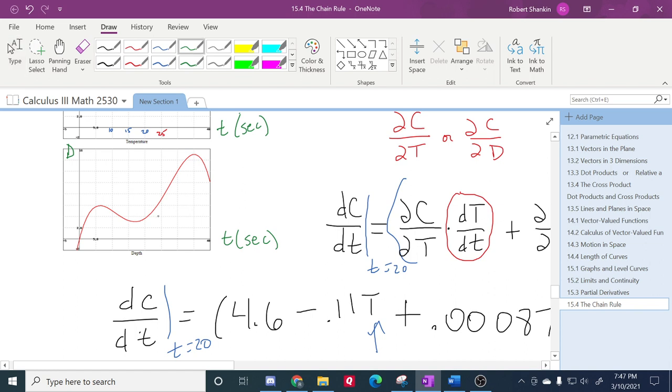All right, 5, 10, 15, 20. When t is 20, the d is almost 4. So let's say it's 3.7, something like that.